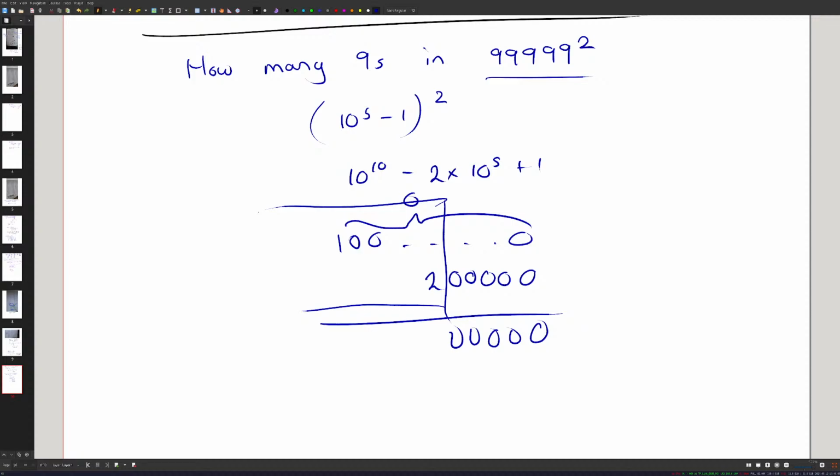Okay, so there's 6 digits to go. There's 5 more zeros. Yeah, so we're going to have the 0 minus 2 is going to be an 8. And now all of these zeros are actually 9s because we borrowed this 1, made this a 9, made this a 9, made this a 9, and so on. And so there's 5 9s.